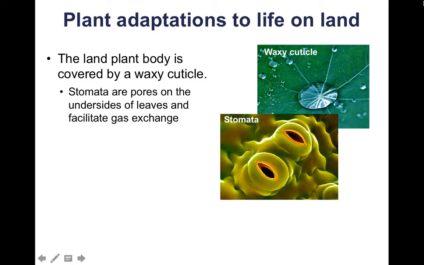What's really cool about stomata is that the size of these pores can be controlled by these cells here, which are called guard cells. They can change the size of these pores by regulating different types of ions that enter and exit the cells and changing the amount of water in each cell. And this causes the pores to open and close.